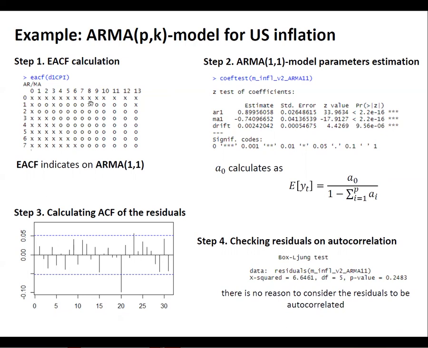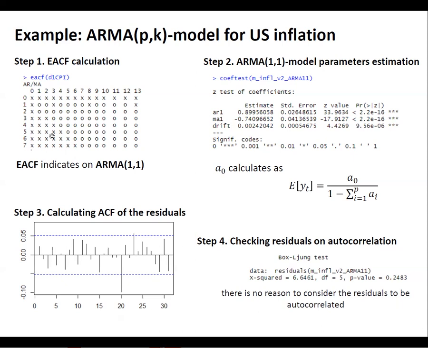And now the EACF shows us that the simplest ARMA model that is suitable for this indicator is the ARMA11 model. ARMA21 is also suitable, ARMA12, ARMA22 is also suitable, and so on. That is, zeros mean all models that are suitable for our indicator, and crosses mean models that are not suitable.